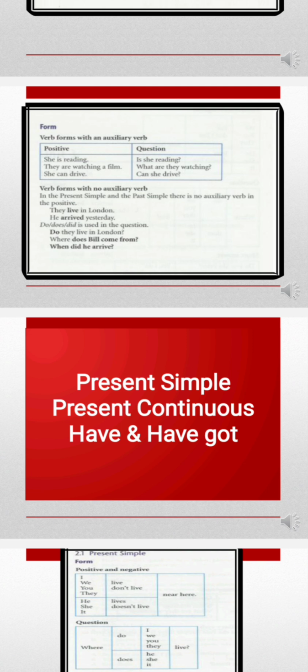Do, does, did is used in the question. For example, do they live in London? Where does Bill come from? When did he arrive?